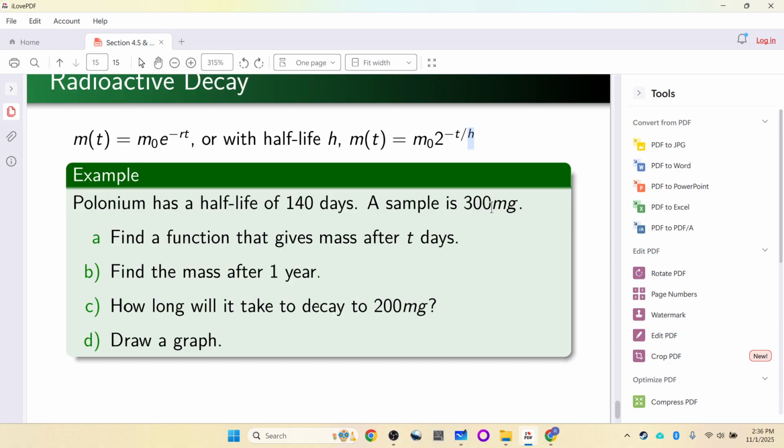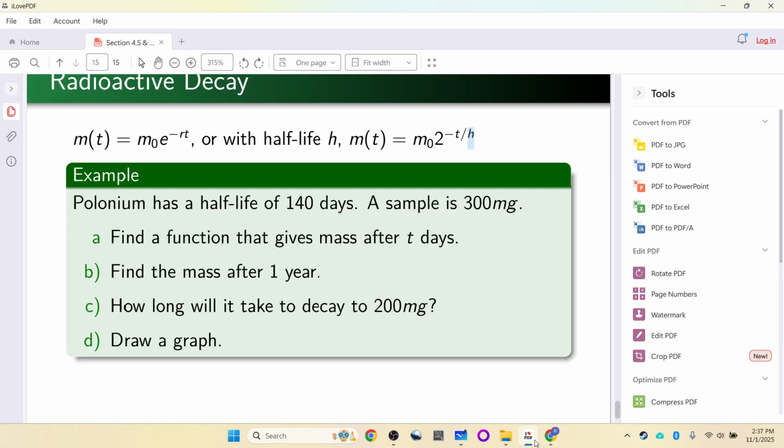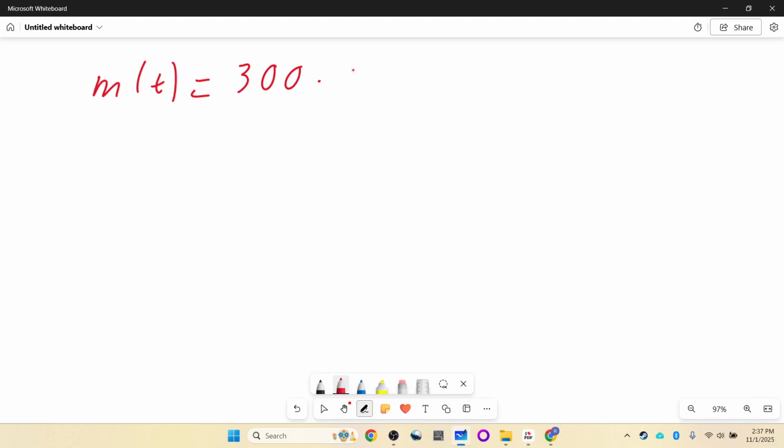So the model then would be M of t equals 300 times 2 to the negative t over 140. And I'll make a little note. T is days. M is milligrams.